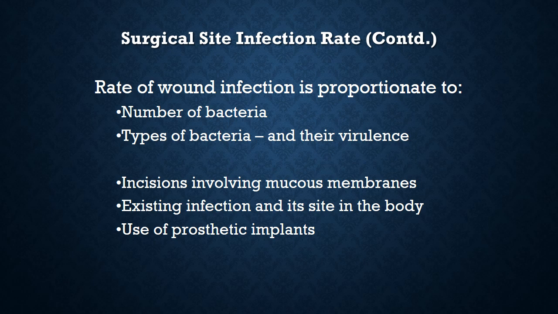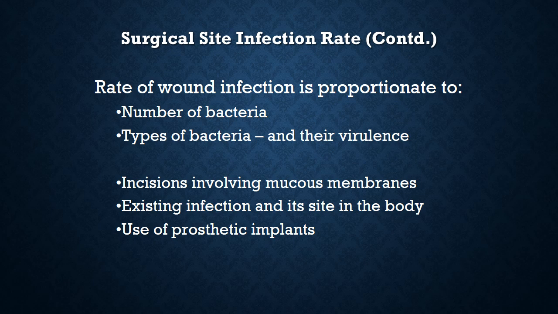Then you need to consider existing infection and its site in the body. If it is close by to where you are going to operate, you must consider whether the existing infection can spread to your clean operation site.